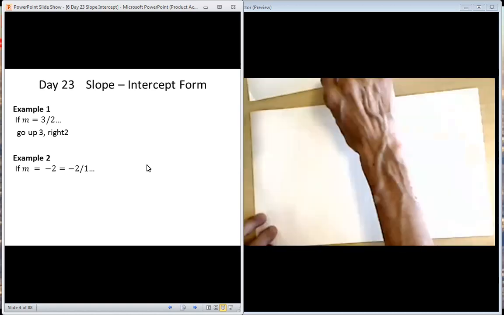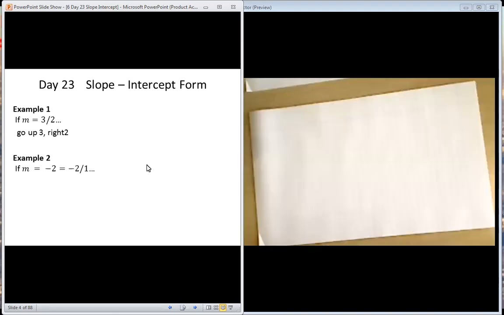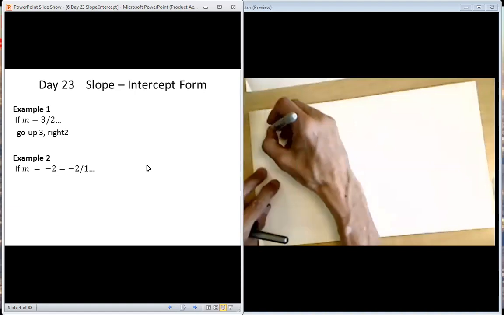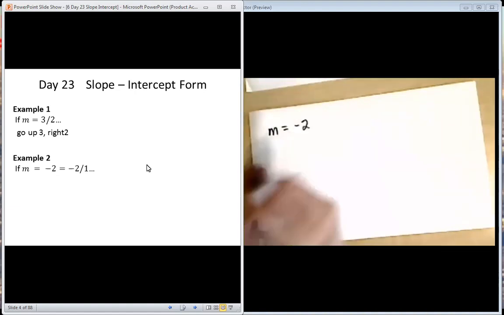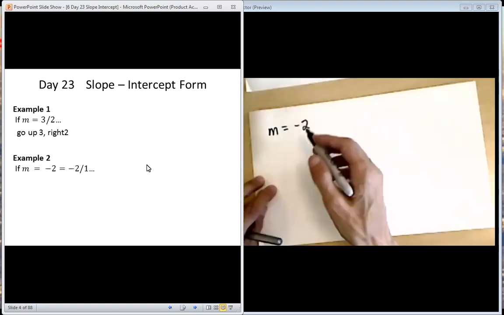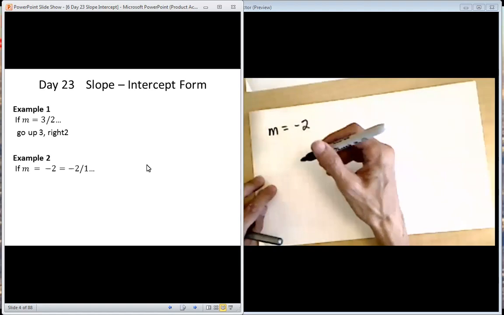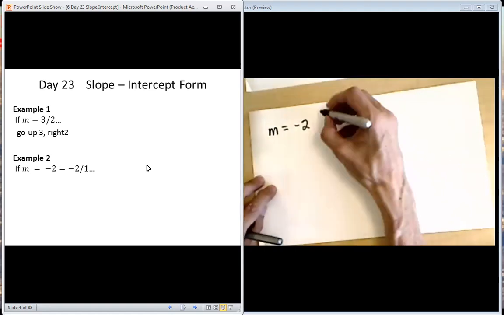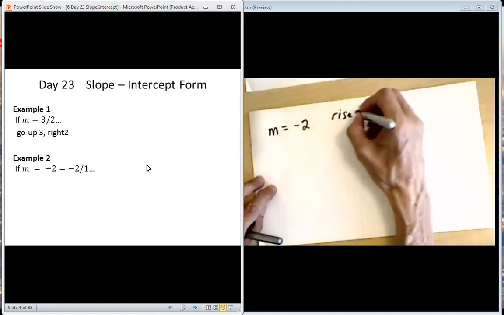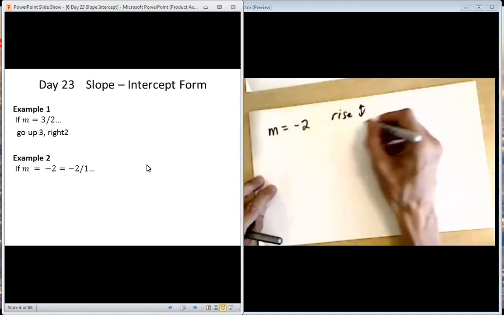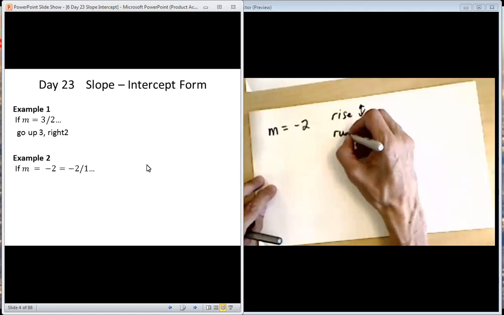Now, what is shown on the screen there is that sometimes you're going to get a single number. In this case, it's -2. Well, in order to understand what the slope is, you do need to know what the rise is, because that's the up and down part. And you also need to know what the run is.